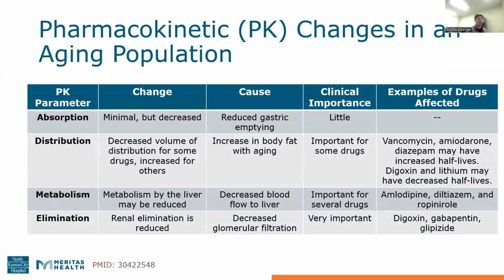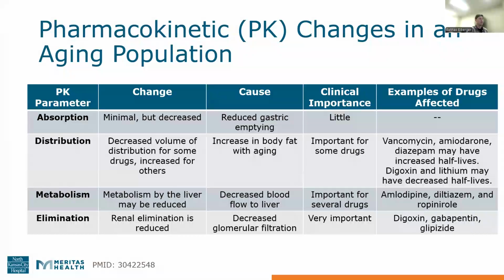However, if you do have any disease states, potentially like a gastric bypass or any sort of surgeries, you could see a pretty significant alteration in absorption of medications. But for your standard aging adult, you wouldn't necessarily see that.